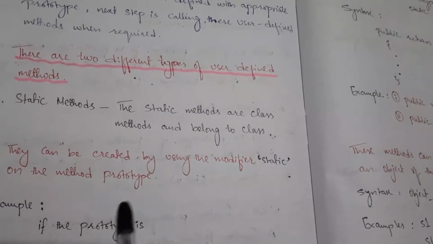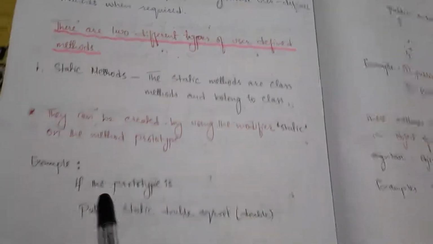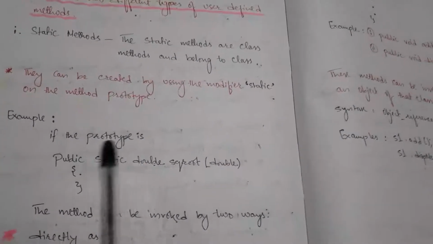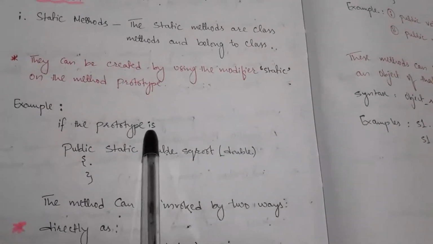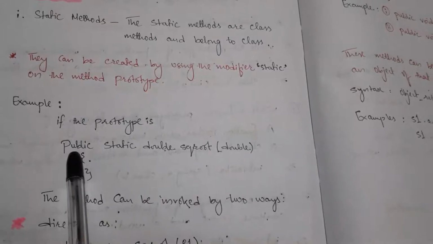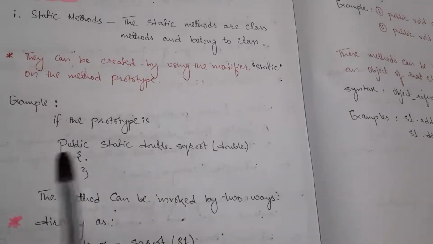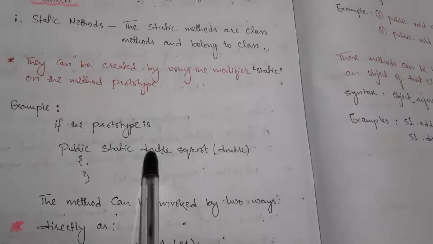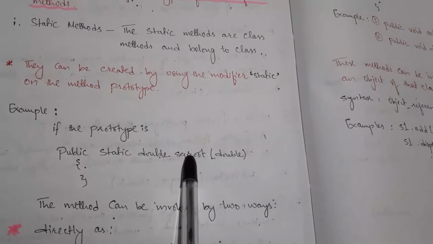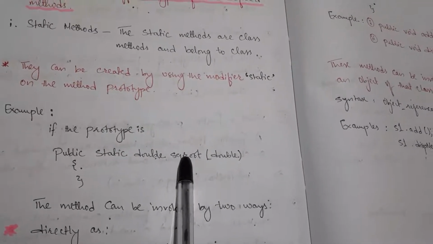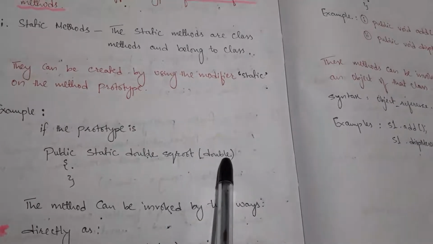I'd like to explain the same thing with the help of an example also. If the prototype is given as I have written here, like public static void sqroot, short for square root, with the parameter given inside the bracket.